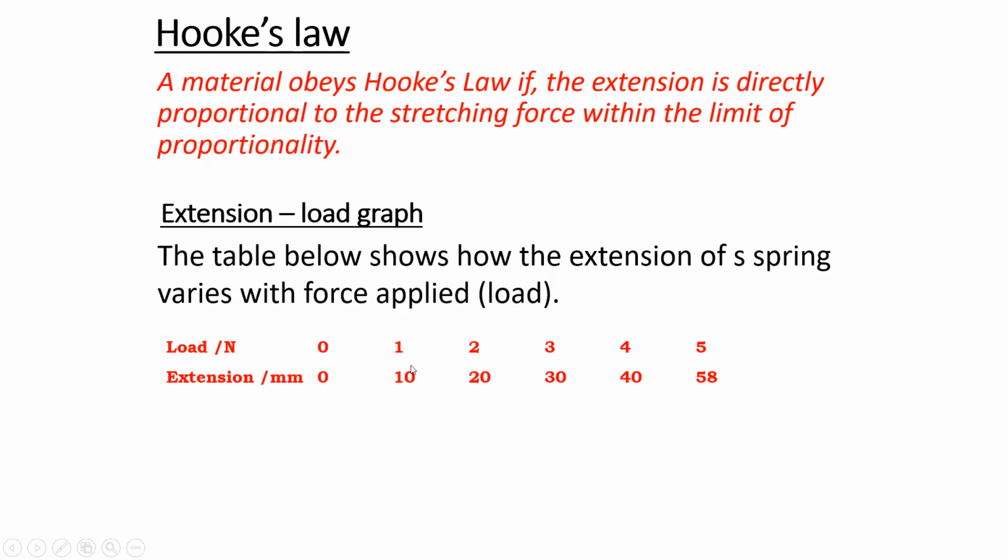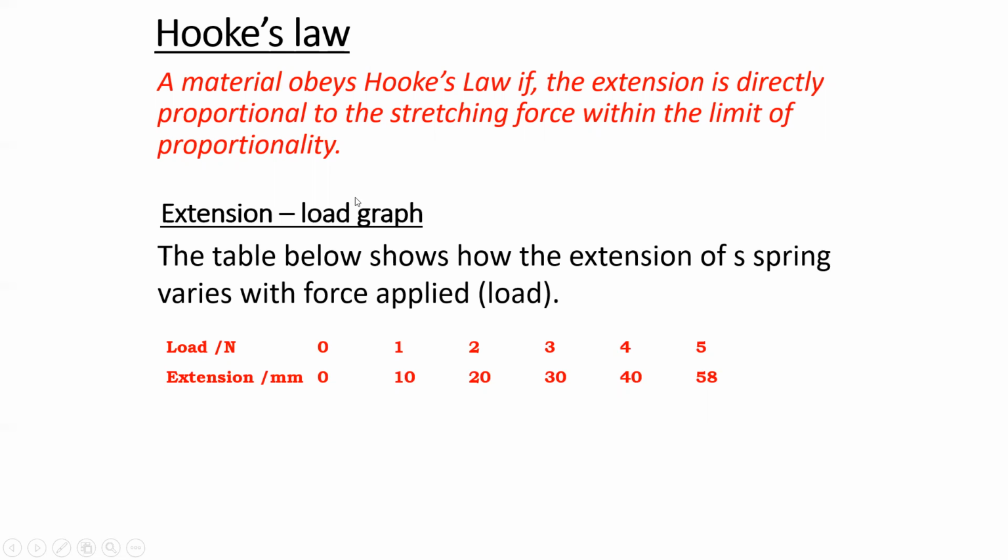Like we apply a force of 1 Newton, extension was 10. Is this spring obeying Hooke's law till what point? Can you identify till what force it is obeying Hooke's law? So when you check, when load is 4, extension is 40. Till this 1 to 4 it is obeying Hooke's law, but after that it does not obey Hooke's law.